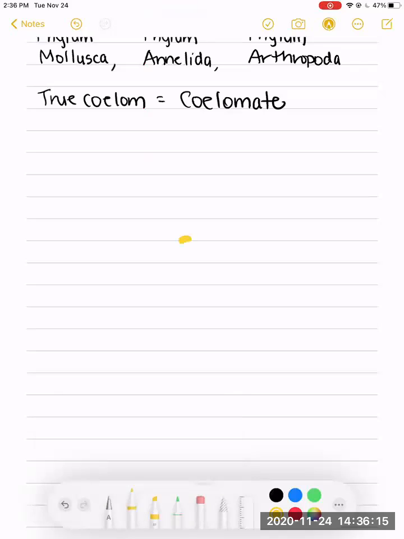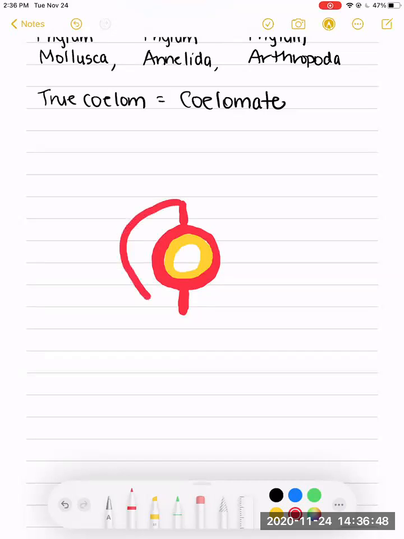I'm going to switch back to thicker. Endoderm around the gut. Mesoderm, this is where it gets a little trickier. More mesoderm.